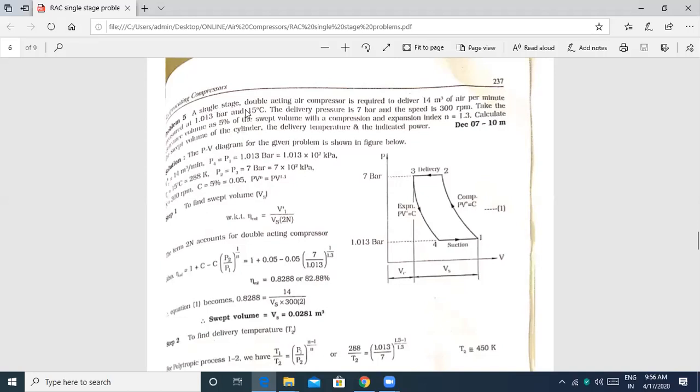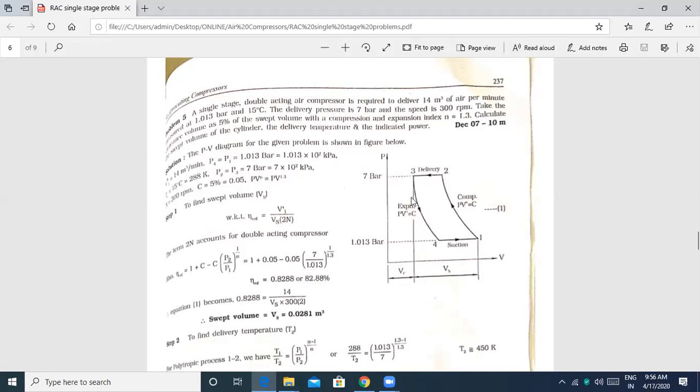A single cylinder, single stage, means single cylinder. Double acting. Double acting means the working fluid, that is air, acts on both sides of the piston. Single acting means the working fluid acts only on one side of the piston.